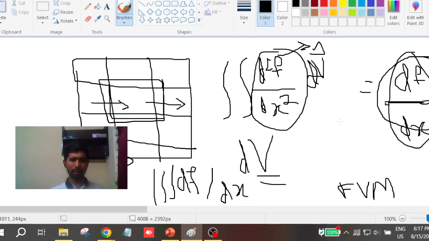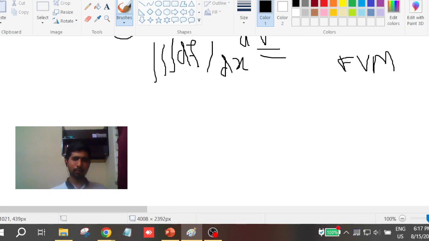But the main thing, apart from this physical intuition, is that even for a conservation equation which does not have a partial differential format, you can come up with linear algebraic equations.